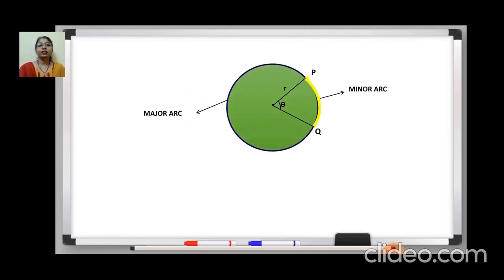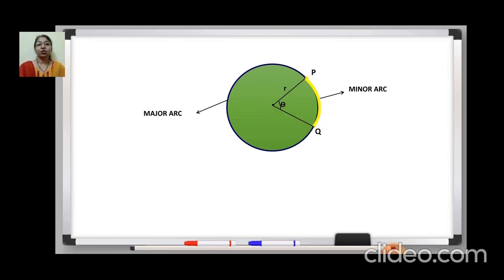Next formula is length of the arc. So now here PQ is the minor arc. Now if I want to calculate the length of this arc PQ, what is the formula? So here also R is the radius of the circle, theta is the central angle made by these two radii at the center.